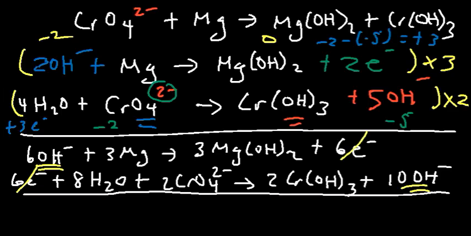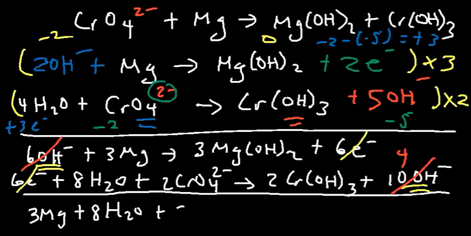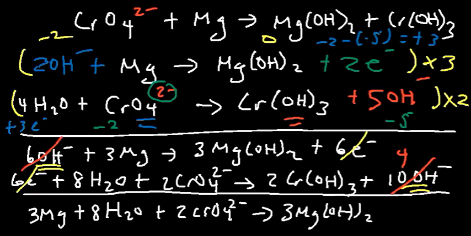So we're going to subtract both sides by 6 hydroxide ions. So that's going to cancel, and this is going to be reduced to 4. So it's going to be 3 Mg plus 8 H2O plus 2 chromate ions, 3 Mg(OH)2, 2 Cr(OH)3, and 4 hydroxide ions.